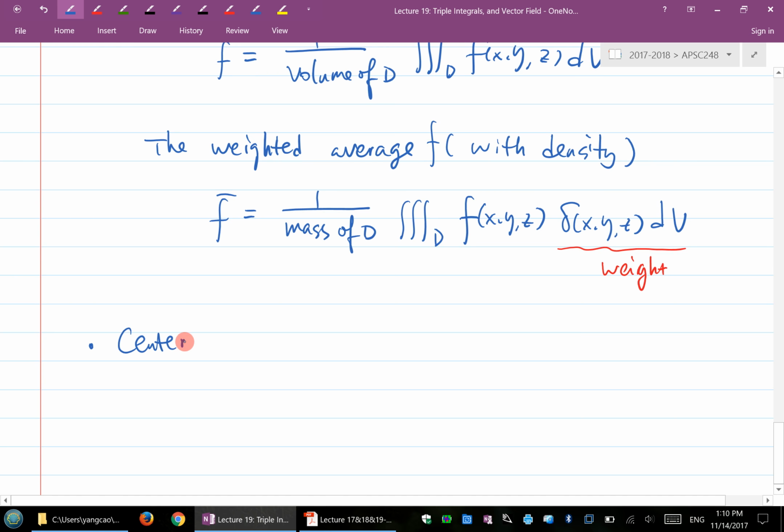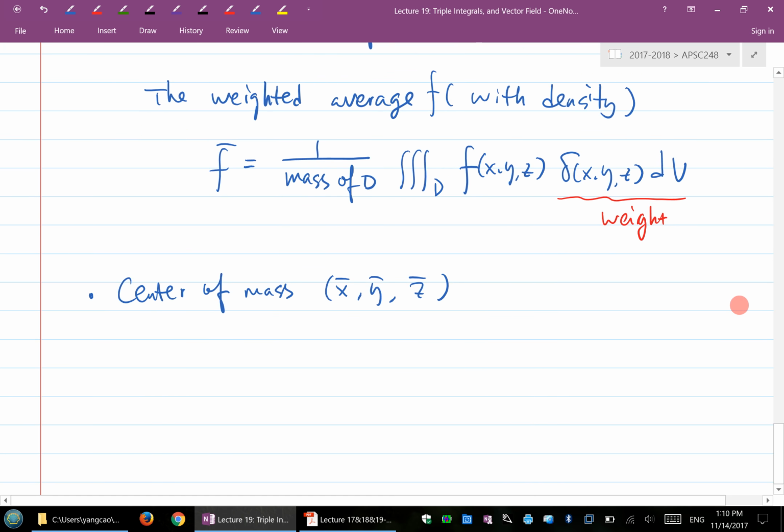So another useful one is the center of mass, x bar, y bar, z bar, which gives the center of mass of an arbitrary 3D object. So x bar equals 1 over the mass, triple integral over D of x times the density, dV.